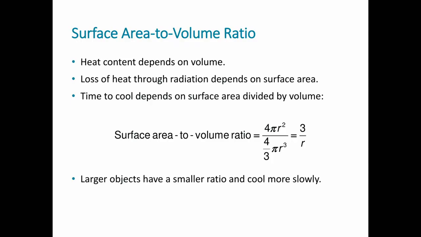And in order to be a planet, you have to be a sphere, so the surface area to volume are going to be for a sphere, and we don't have to worry about other shapes.